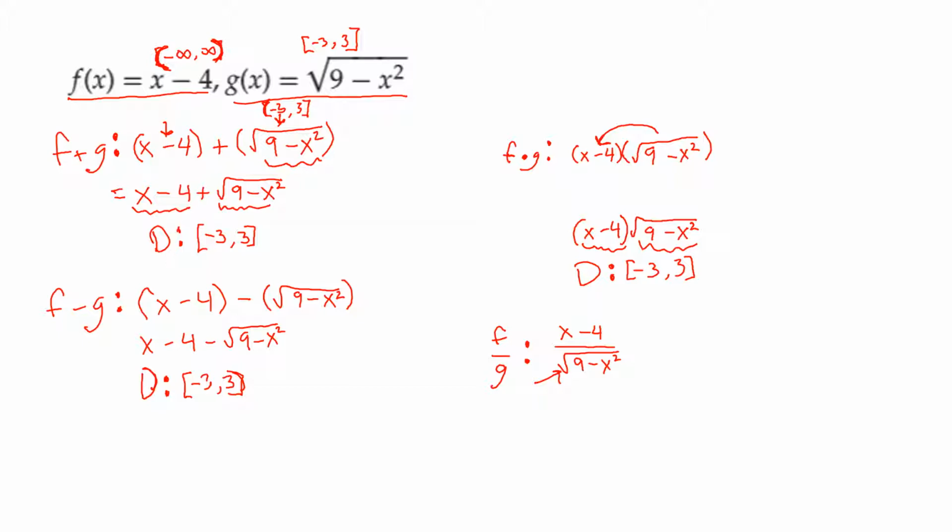But now the other question that can limit our domain is, where does square root of 9 minus x squared equal 0? Because when it equals 0, then we have a problem. Okay? So we square both sides and we get 9 minus x squared equals 0.